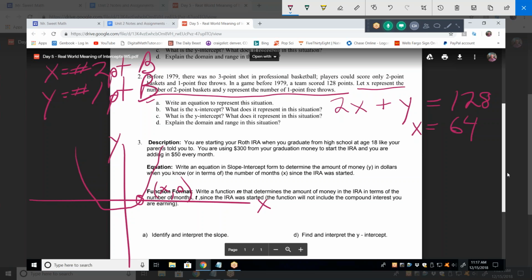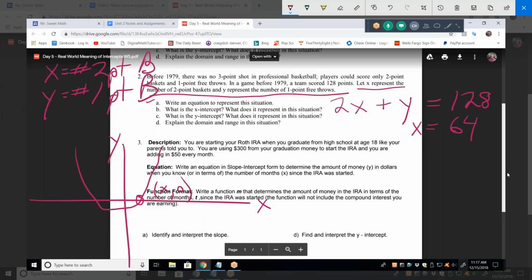Yeah. That's what you're trying to do here. So you've set y equal to 0. Well, what's y? The y is the number of 1-point baskets. So x equals 64 means what happened in this game? There are 64 2-point baskets. There you go. That's what it means. There were exactly 64 2-point baskets and 0 1-point baskets.